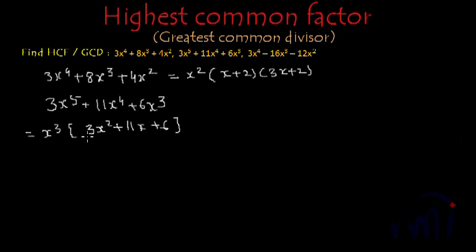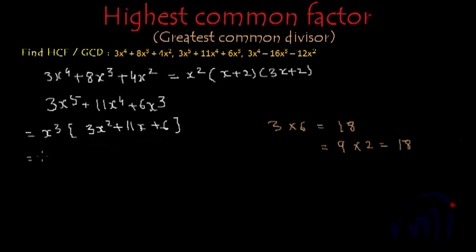And now we have to factorize this 3x square plus 11x plus 6. So what do we do? Yes, we will multiply 3 with 6. 3 multiplied by 6 gives us 18. And now we have to factorize this 18 in such a way that by adding those two factors we should get 11. So we know 9 twos are 18, and 9 plus 2 gives us 11, right?